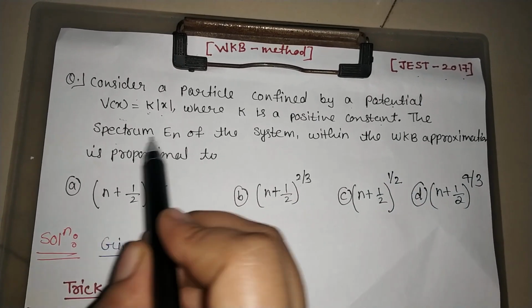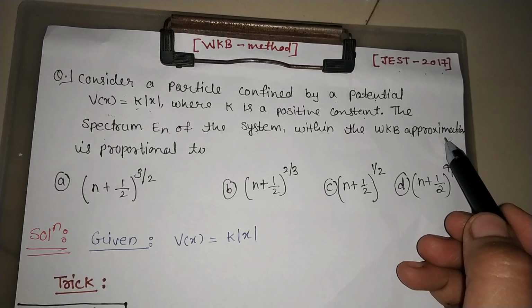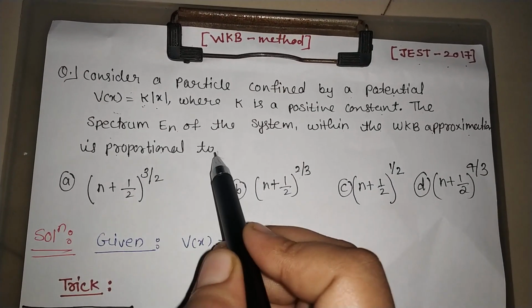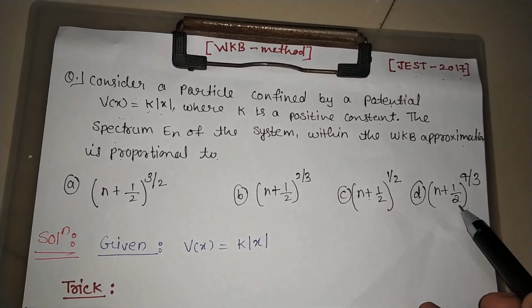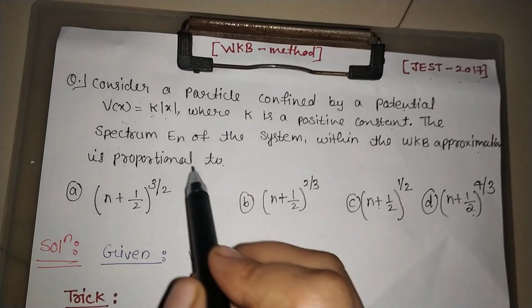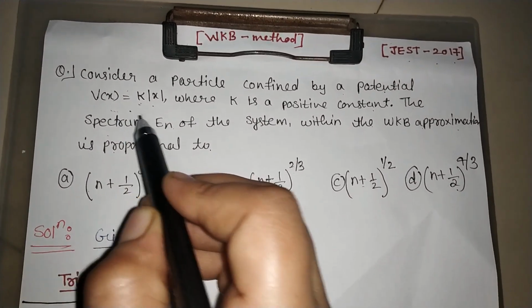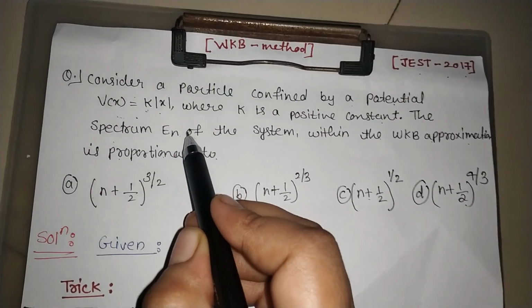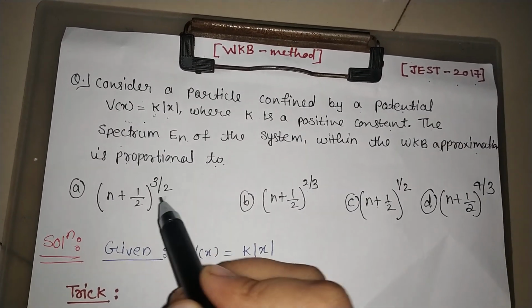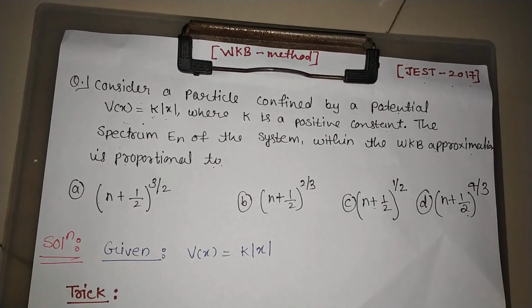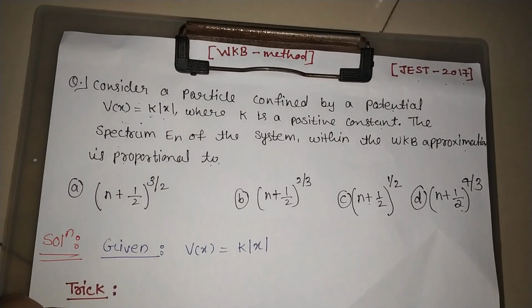The spectrum En of the system within the WKB approximation is proportional to which one of these options? Basically, we have been given one potential and asked to determine which power of n the energy eigenlevel is proportional to. This we have to determine by using the WKB approximation method.